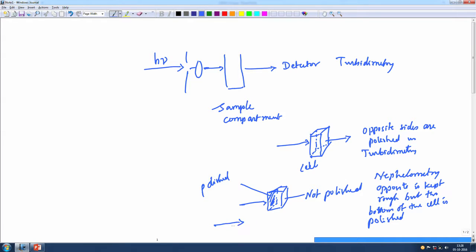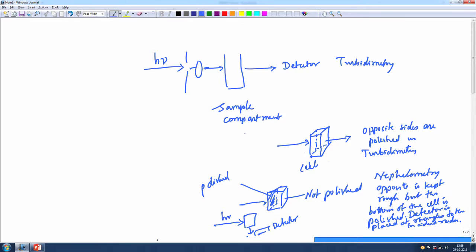So, the radiation will enter like this, go through the cell, and then the detector is placed at right angles to the incident radiation. This is the major difference between the two cells, between turbidimetry and nephelometry.